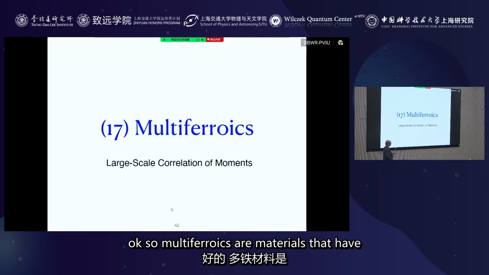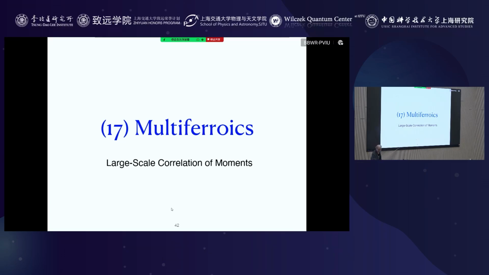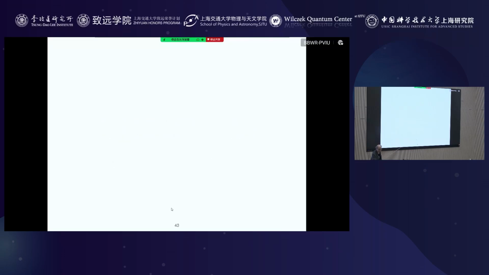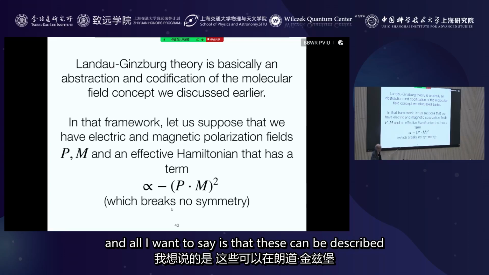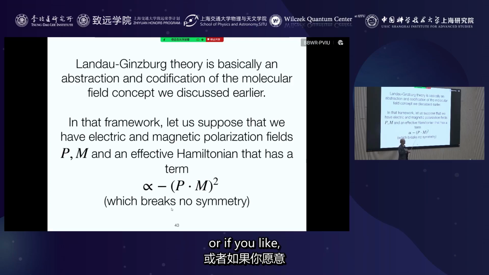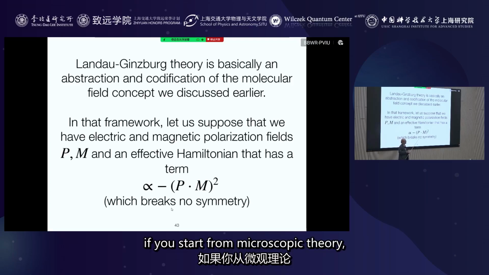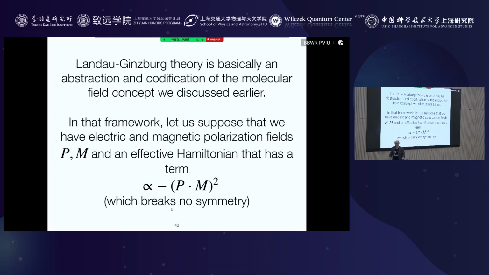Okay, so multiferroics are materials that have both electric and magnetic polarizations. All I wanted to say is that these can be described in the framework of Landau-Ginzburg theory, or if you like, if you start from microscopic theory, low order perturbation theory, to see whether these terms occur.